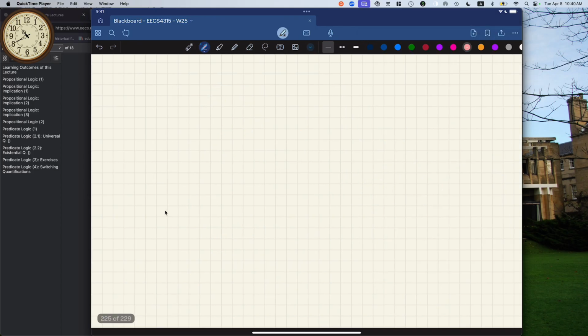If you talk about precedence, the tightest one is always negation, and then you got conjunction, and then disjunction, and then implication, and then also you got equivalence. So negation is the tightest.